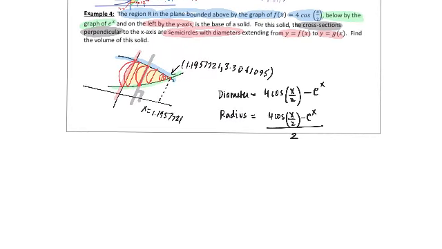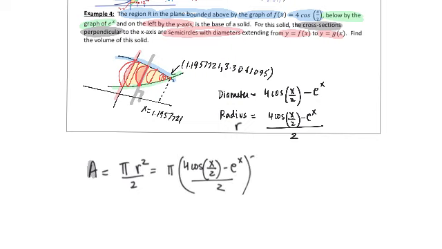And the area of any one of those semicircles is pi r squared divided by 2. So this is my r. So that's going to become pi times 4 cosine x over 2 minus e to the x, all over 2, that whole thing squared, and then that divided by 2. Okay? So that's the only thing.